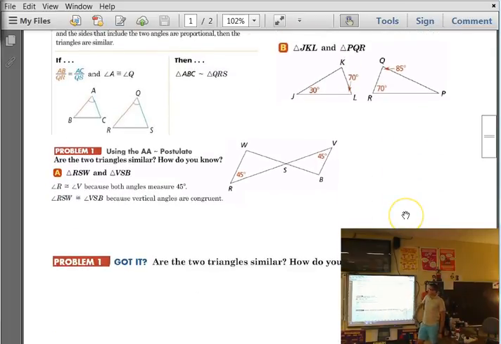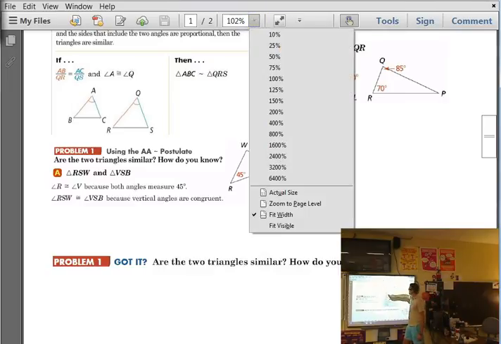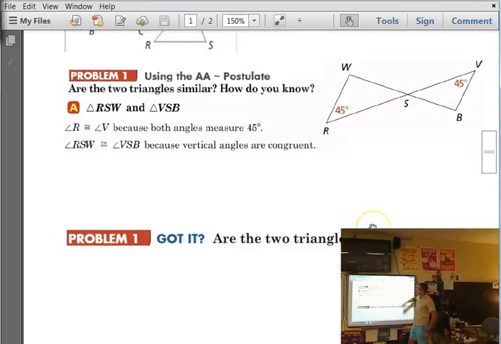So let's look at question A here. So I'm going to zoom in a little bit. Using the angle-angle similarity postulate, how can we relate these two triangles together? Well, as they tell us right here, vertical angles. Like I say, sometimes I do it out for you. So I would underline or highlight vertical angles, and then we can notate that these must be congruent.